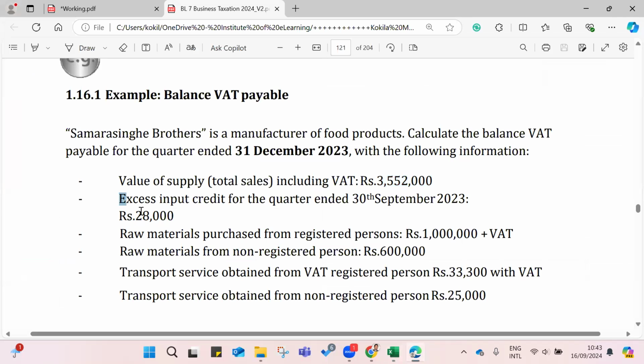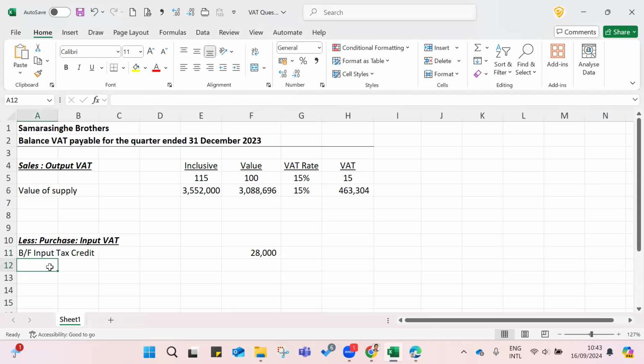This is because any excess input tax carried forward from the previous quarter, you can take it, right? Then raw material purchase from the registered person. How much? 1 million, plus VAT. Raw material purchase from a registered person.